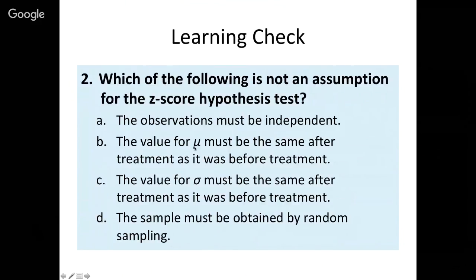So the value of mu must be the same after treatment as before the treatment. Here, the mu will not change is the null hypothesis, right? It's not an assumption of hypothesis testing. So B is the correct choice. If we always assume that we don't have an effect, then why do we need to do a study?